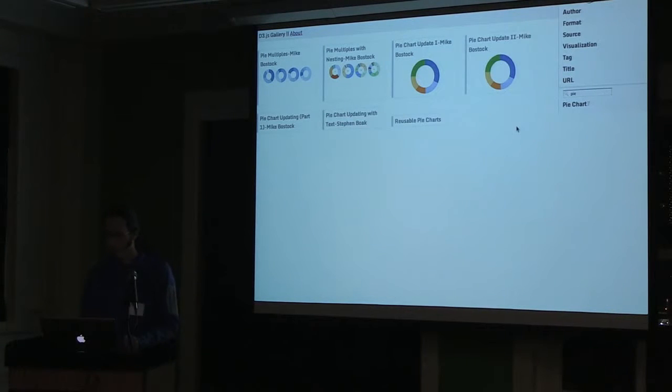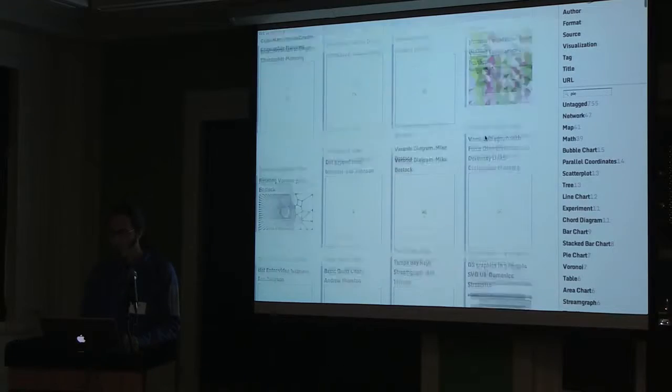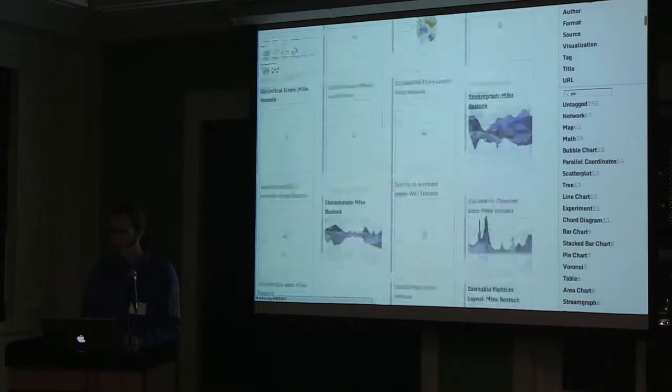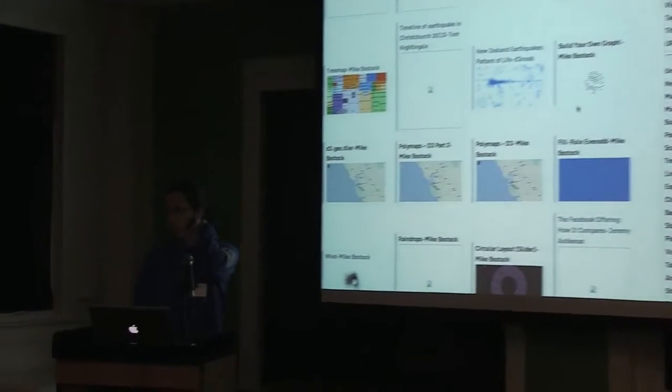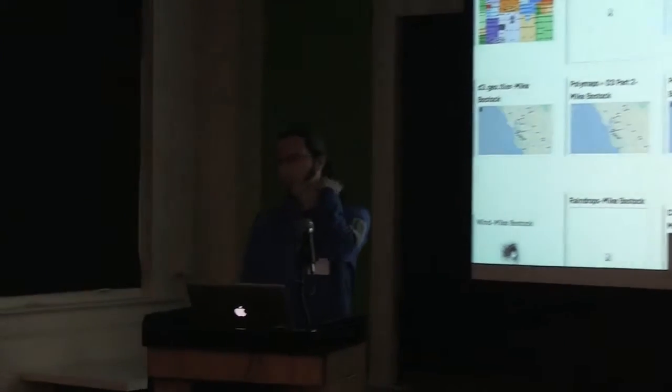So I'm not connected, so I will not click on stuff. But right now there are maybe more than 1,500 entries. So it's just to give an idea of the magnitude of the popularity of D3.